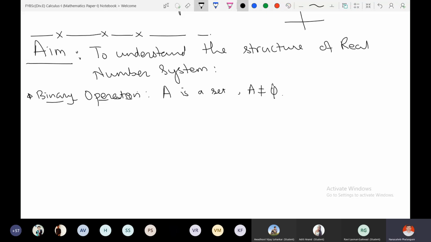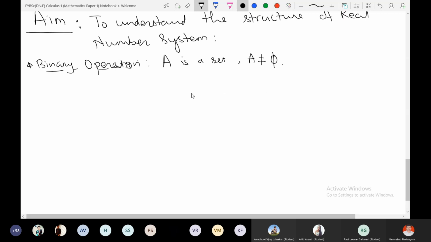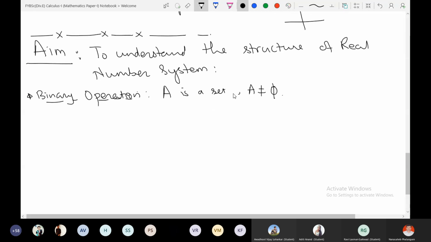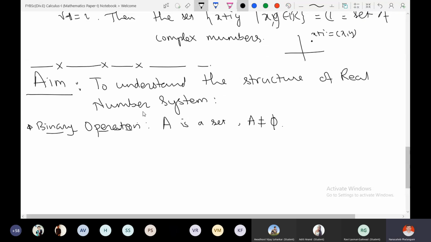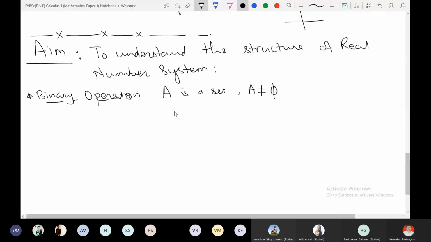Do you know the definition of a function? Anybody know the definition of a function? Nobody knows. Have you heard this word function, map?